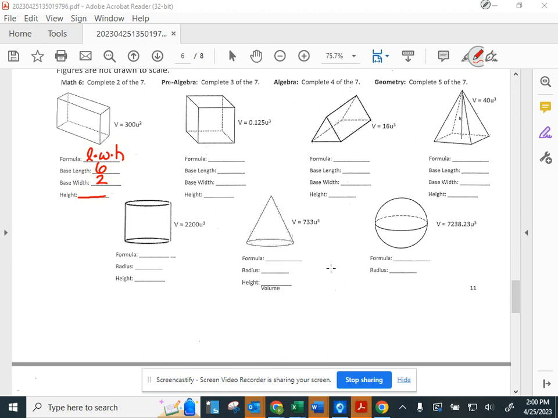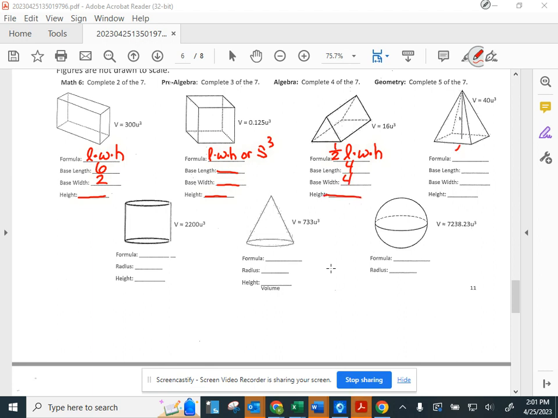For our cube, it's again length times width times height, or you could call it side cubed, because each of these numbers has to be the same. So you need to figure that one out. For our triangular prism, we have 1/2 of the length times the width times the height. We're giving you a length of 4 and a width of 4. Solve it for the height.